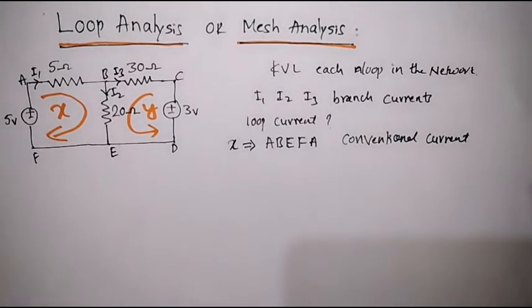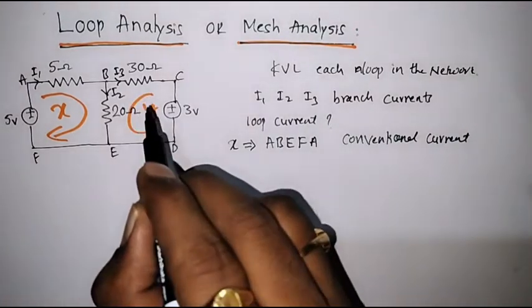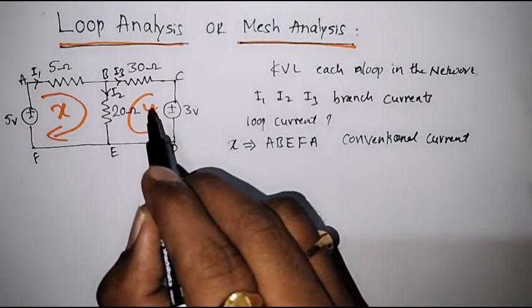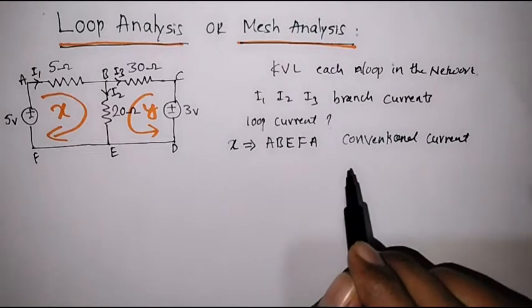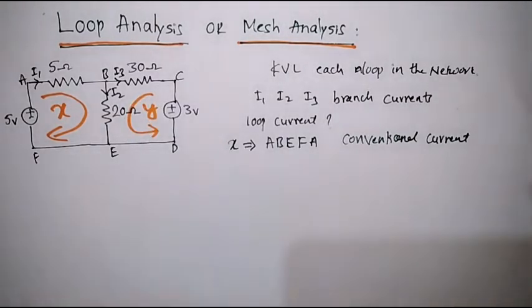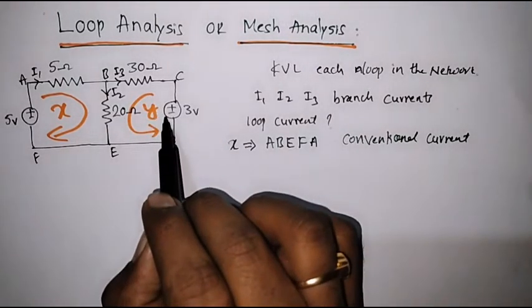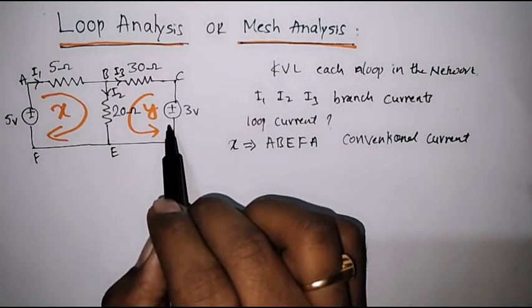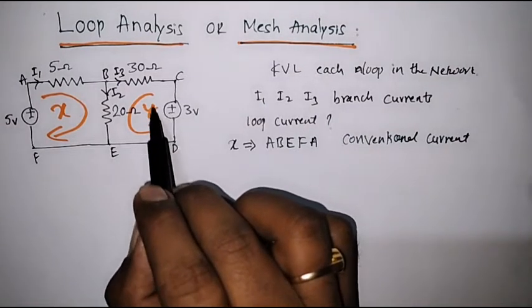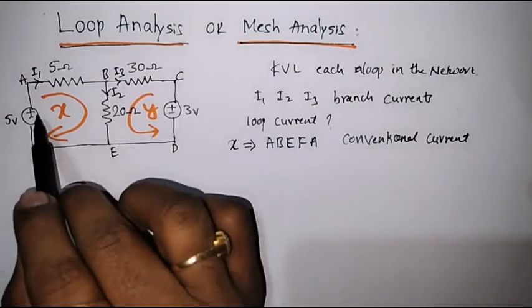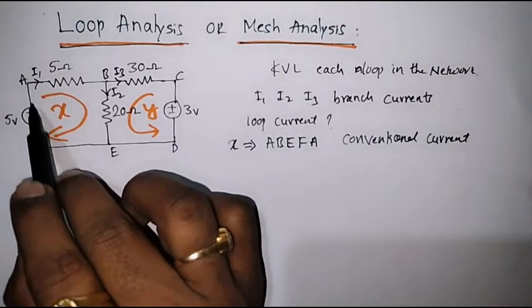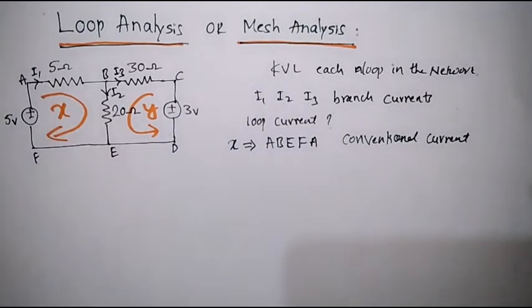Actually, current is nothing but flow of electrons and electrons will flow from negative to positive. But for convenience, we will use the conventional current. In that, we will assume that current is flowing from positive to negative terminal. So with respect to positive and negative, I am giving the direction as positive to negative like this. So here positive to negative, that is in this direction.